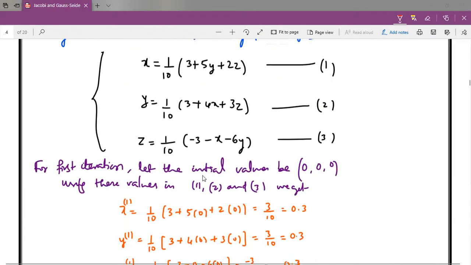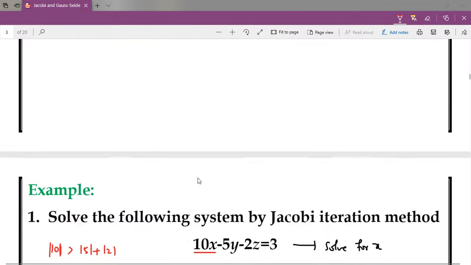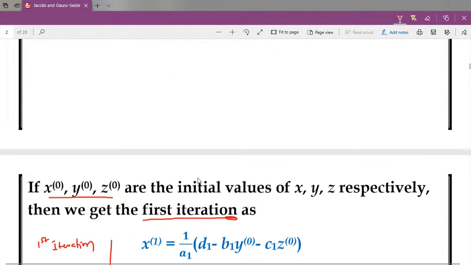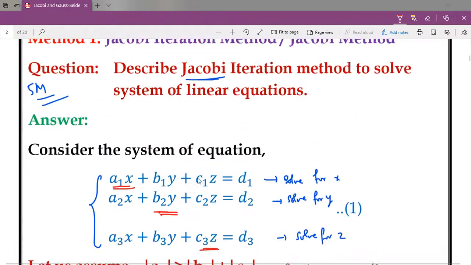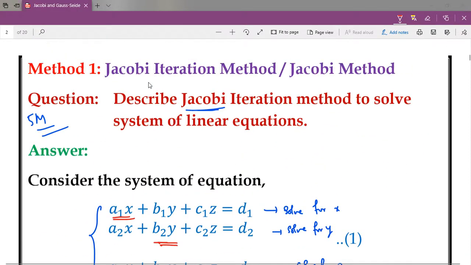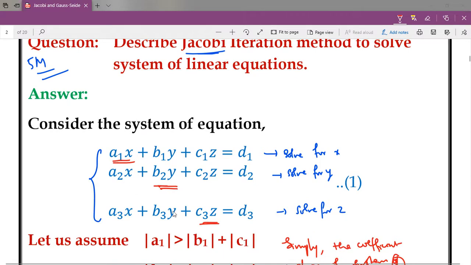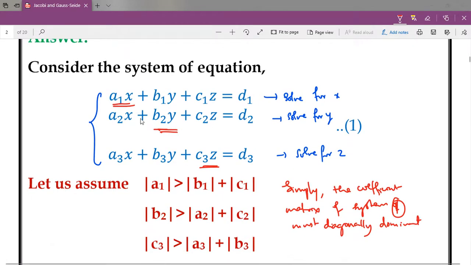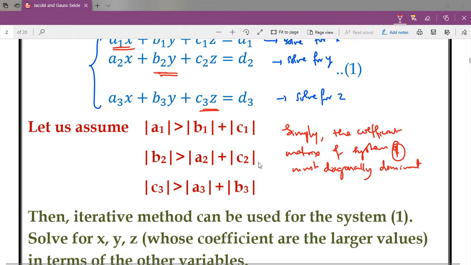Now let us think for a while. Let us go back to the Jacobi iteration method and think of something new. We have considered a system of linear equations and seen that they are diagonally dominant.